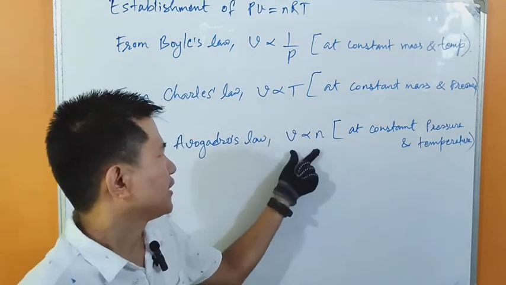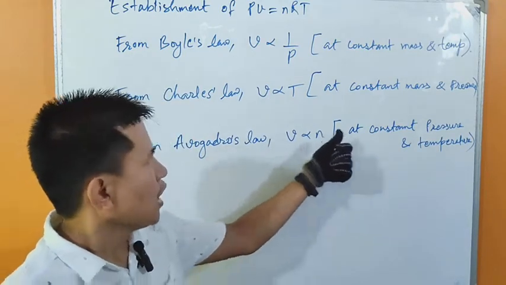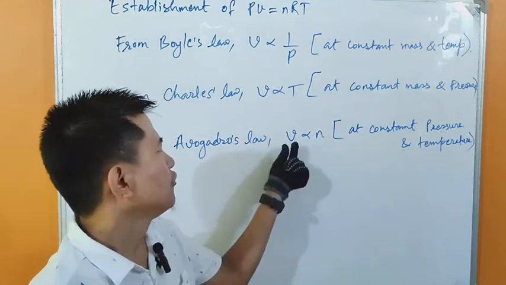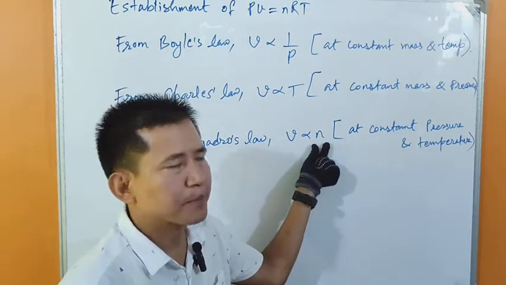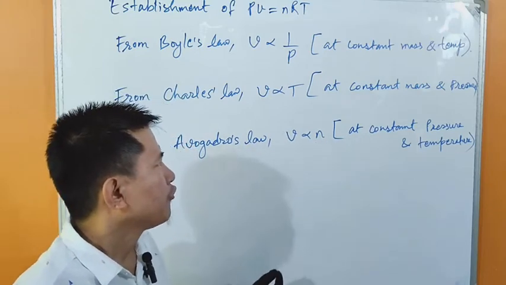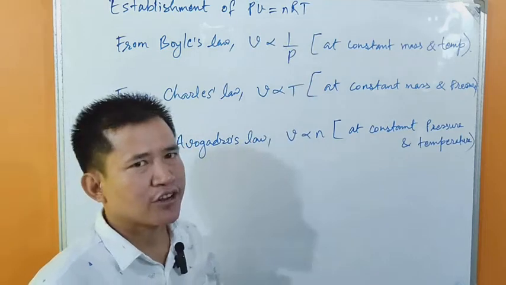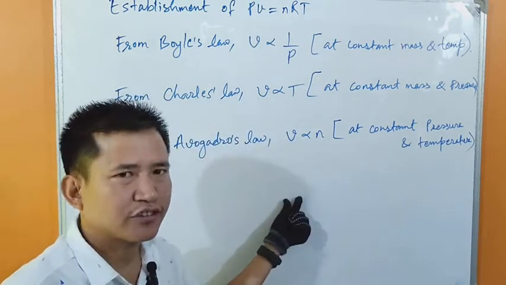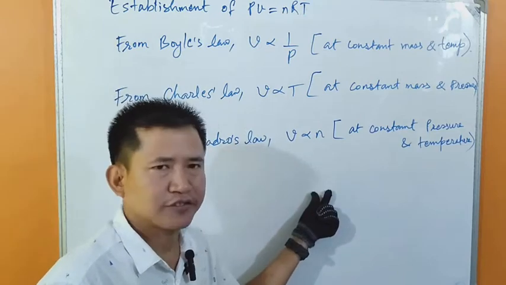Now let me explain this. When pressure and temperature of gas are kept constant, volume of gas is directly proportional to its number of molecules. That means if volume of gas increases, number of molecules also increases. If volume of gas decreases, the number of molecules also decreases.